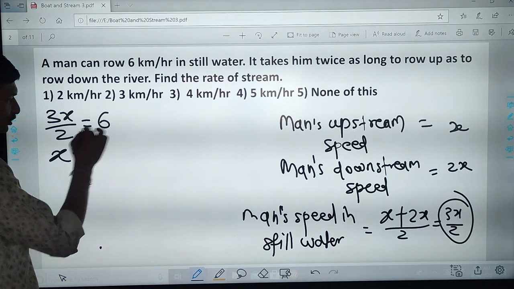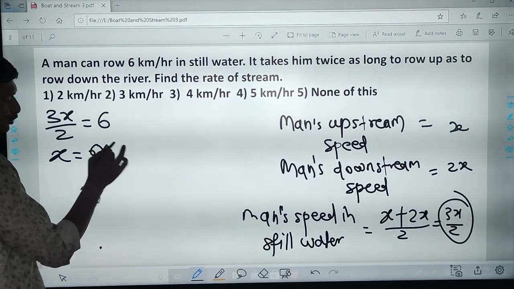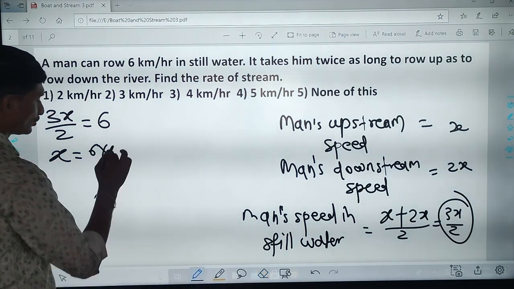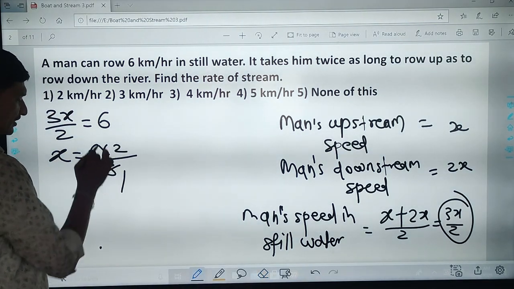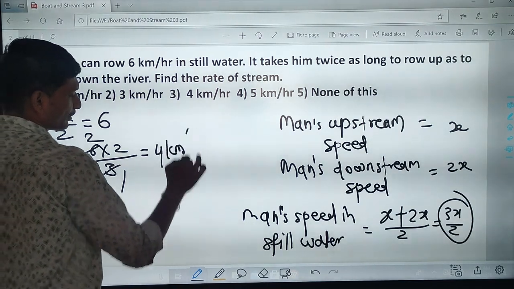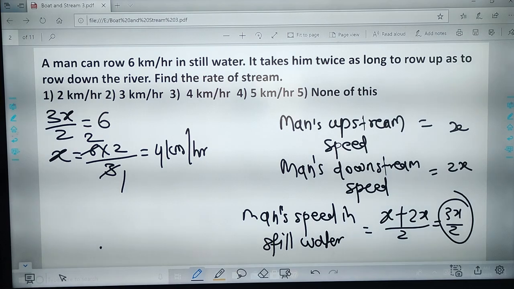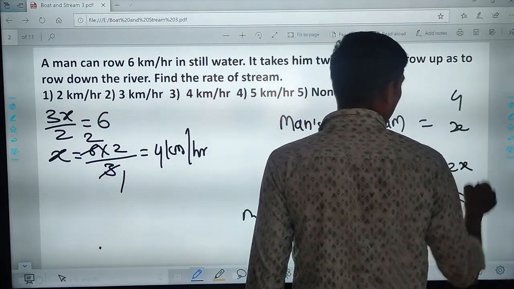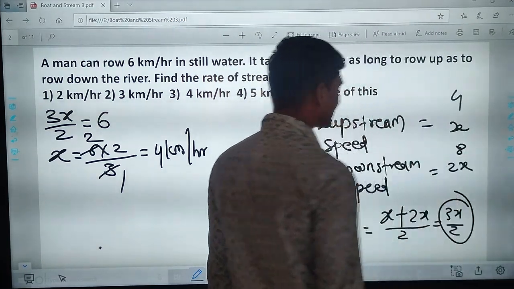Then x is equal to 6 into 2 divided by 3, which is equal to 4 km per hour. Then the man's upstream speed is 4 and the man's downstream speed is 8.